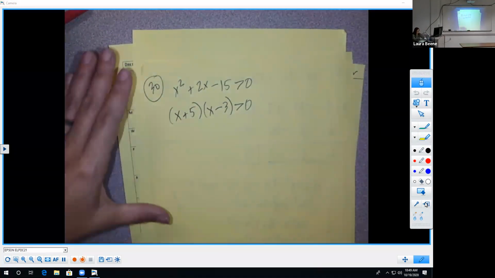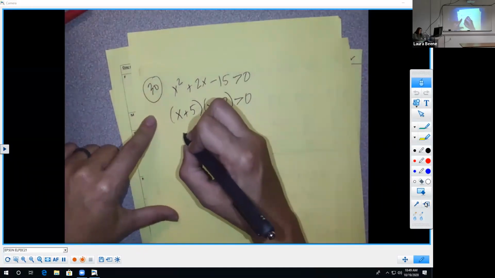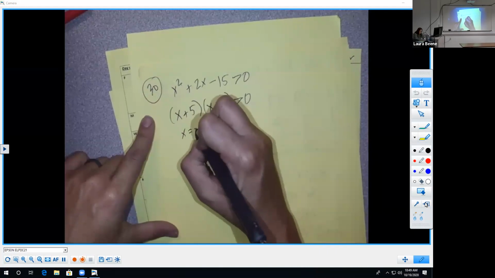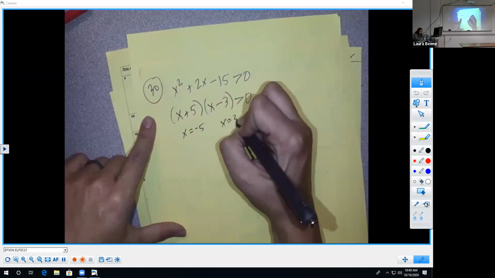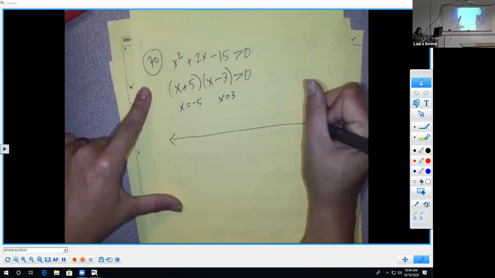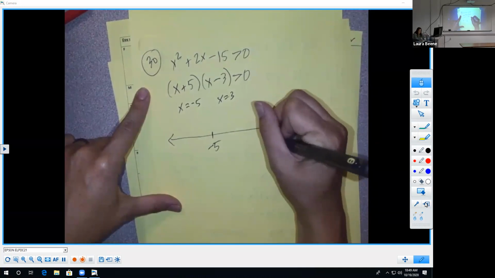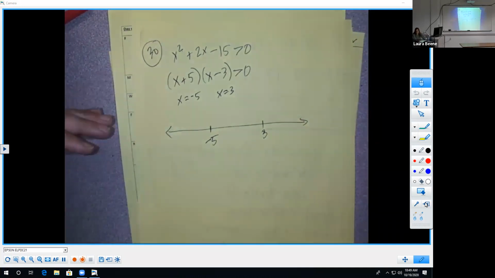So then you find your x-intercepts, set both your factors equal to 0 and solve, and I get -5 and +3. On my number line, I have -5 and +3. These are the changing points, the turning points of my graph.